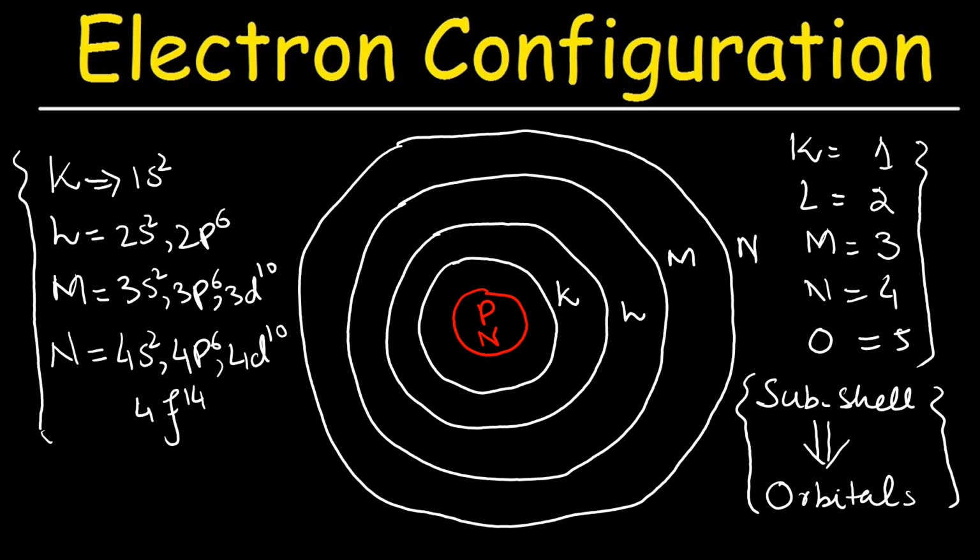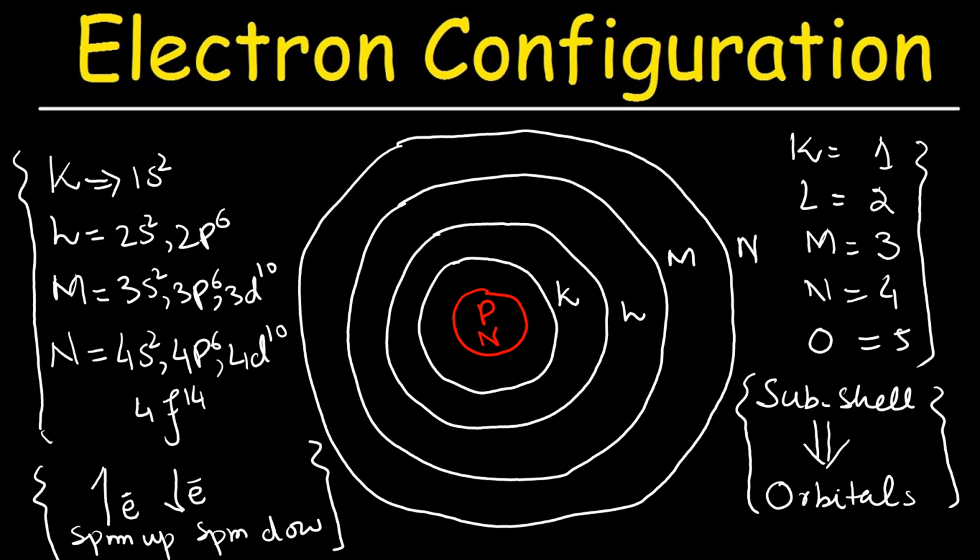So, dear students, please keep in mind that an orbital in an atom can occupy electrons in spin up or spin down state.